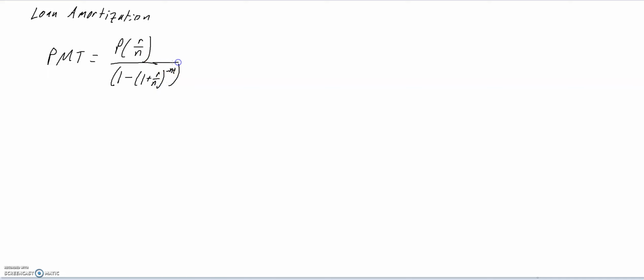Where P is your principal, R is your rate, N is the number of times that you are making a payment per year, and T is the amount of time in years. And this PMT is the regular fixed monthly installment. So this is how much you're paying every month.